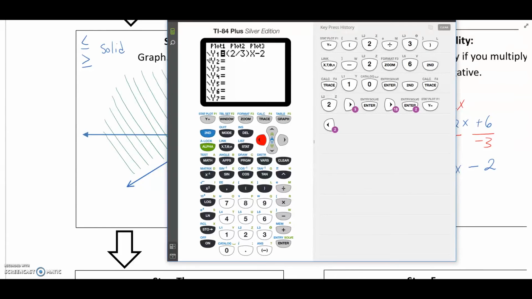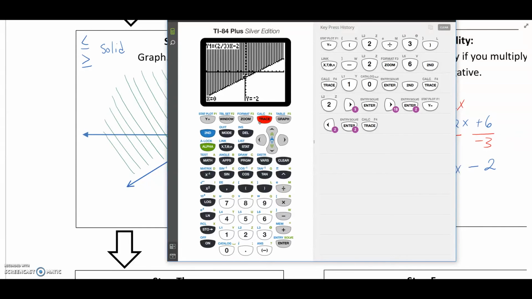I know that I want to shade above, so if I hit enter, you can see that that's going to actually change. So there we go, shade above, and if you hit trace, you should see that shade above actually show up on your calculator. So that's nice that we can see that our calculator can do that as well.